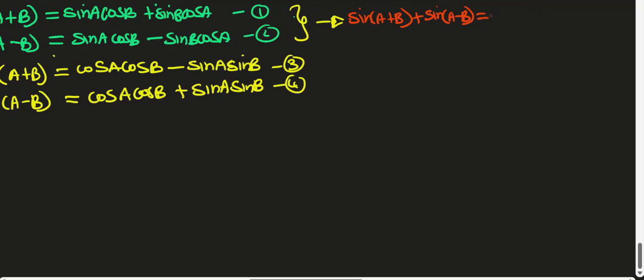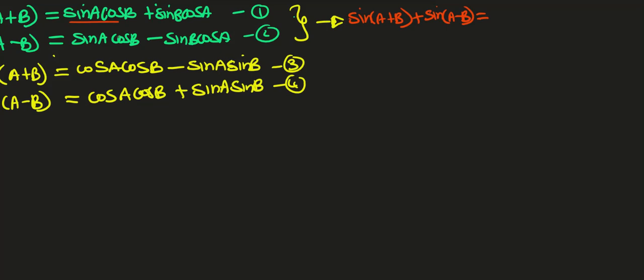On the other side, the sine A cos B terms are the same, so if we add those, it becomes 2 sine A cos B. The sine B cos A terms are also the same, but there's a negative, so they add up to 0: sine B cos A minus sine B cos A gives us 0.